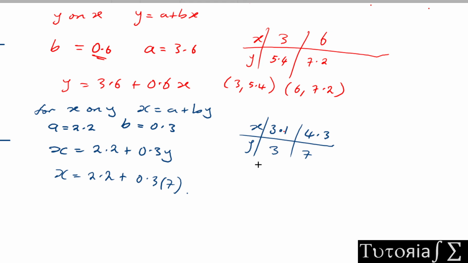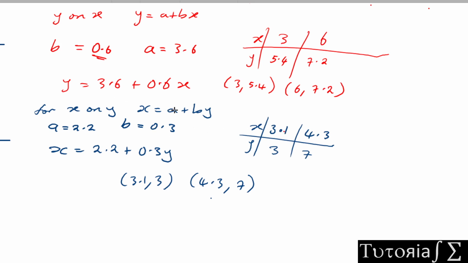So the coordinates for this line of regression will be 3.1, 3 and 4.3, 7.